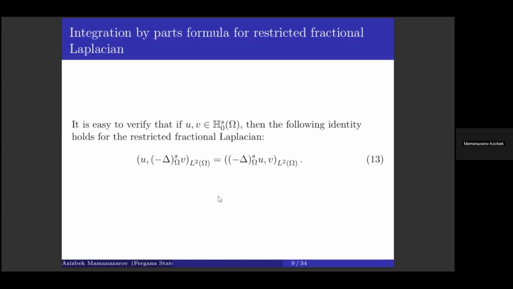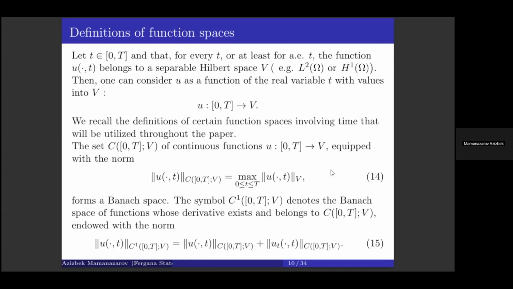And also one can show that this fractional Laplacian operator is self-adjoint, so the equality is valid. Also, I think I will skip this part of the presentation. This is a definition of some Banach spaces.